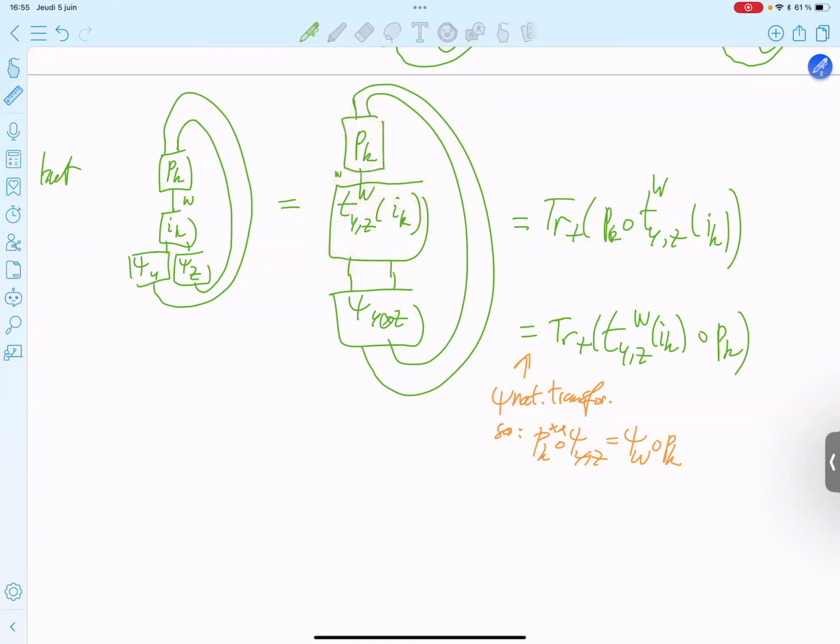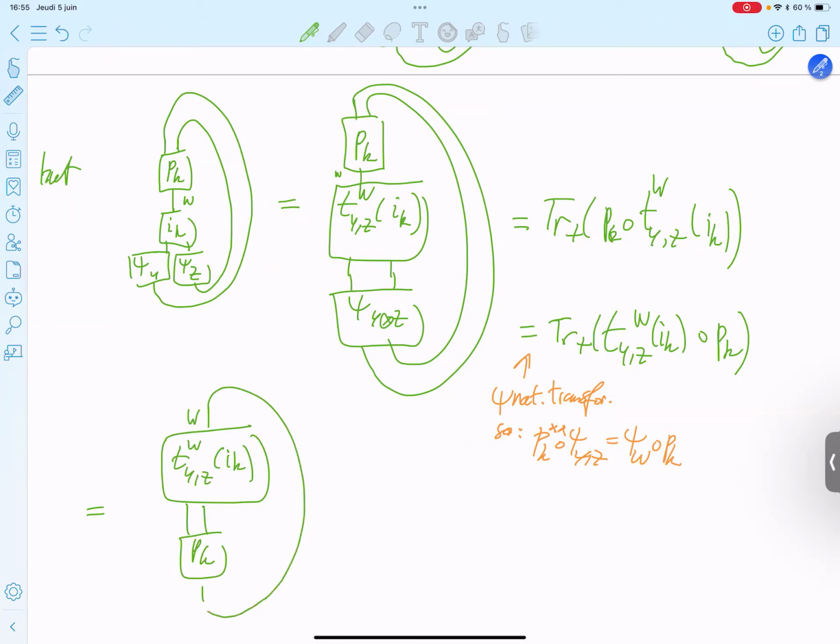So you get that this is equal to T, Y, Z, W, I, K, P, K. Now you have the trace, but only for W. And that's very convenient because, oh, I forgot the natural isomorphism here, this one. So phi W, this is very convenient because W is simple.